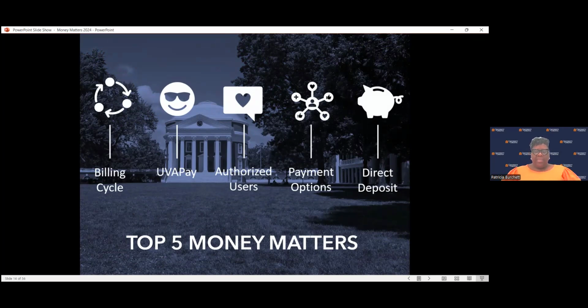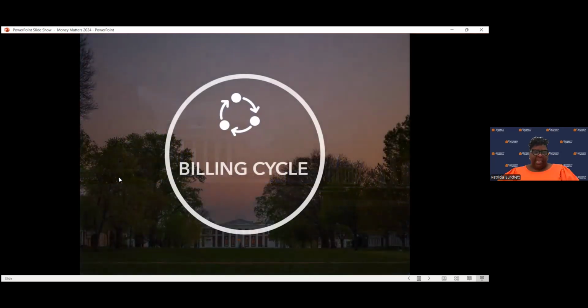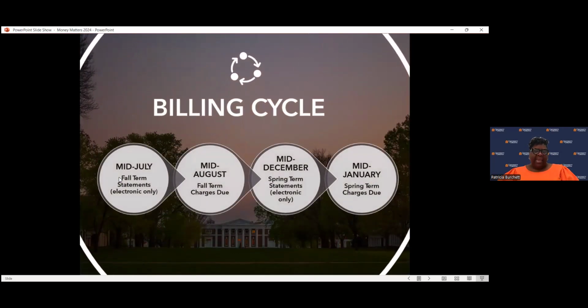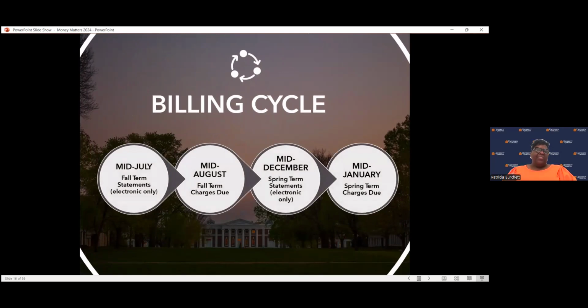So I want to start with the billing cycle. Normally, if it had not been for the FAFSA delay, the billing cycle would have been mid-July, and that's when fall term statements would have been released.